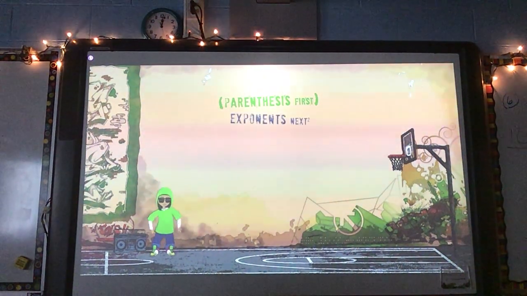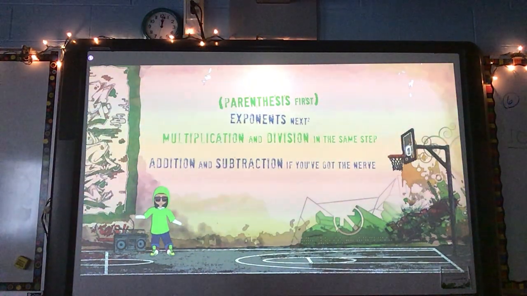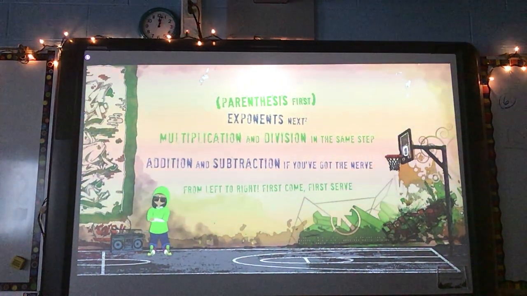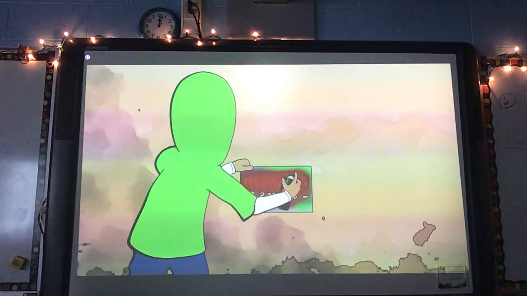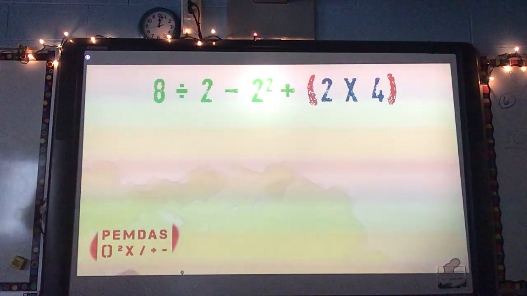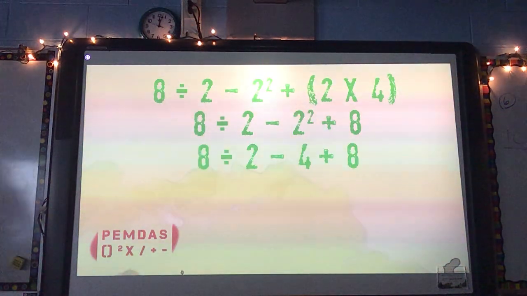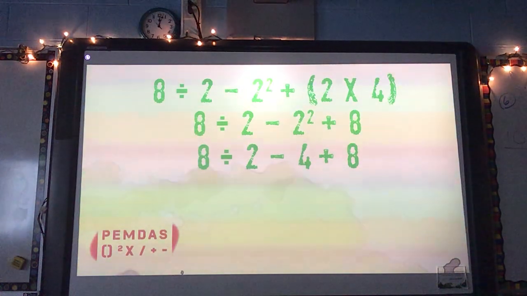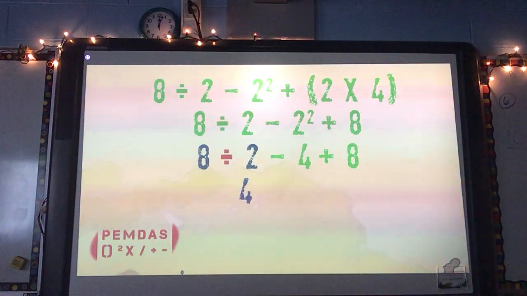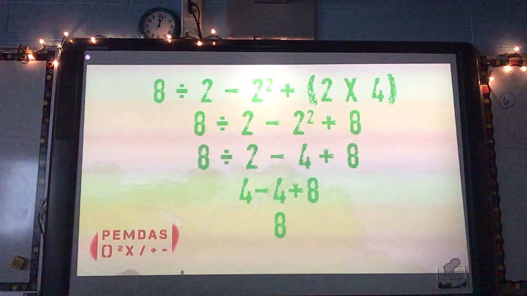Parentheses first, exponents next, multiplication and division in the same step. Addition and subtraction, if you got the nerve, from left to right, first come, first serve. Parentheses first, 2 times 4, the product's 8. Are you ready for more? Exponents next, 2 squared is 4. Let's move down like we did before. Time to divide or multiply. Let's see what we got. Take a look at the signs. Divide the 8 by the 2. The quotient's 4, and we're almost through. It's finally time to add or subtract. 8's the answer, and that's a fact.